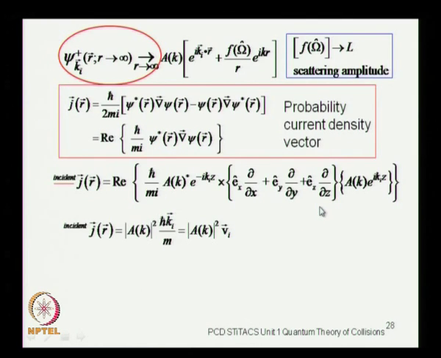So, you have got only the Ez component, and from the derivative of this with respect to z you get i k, and the numerator i will cancel this denominator i, and you get h cross k over m, which is really the velocity, okay, momentum by the mass. So, this is your incident current density vector.